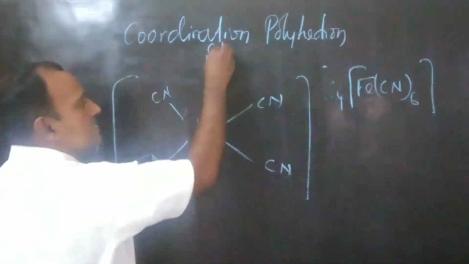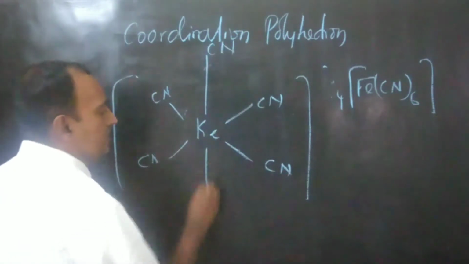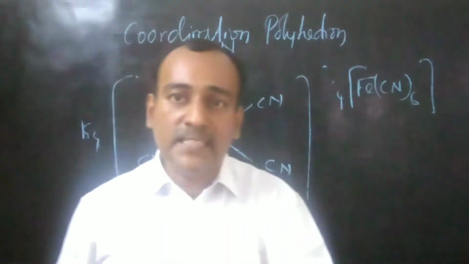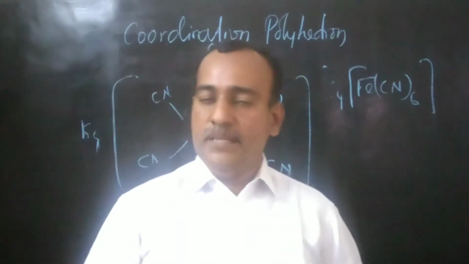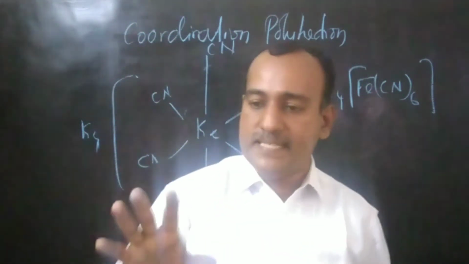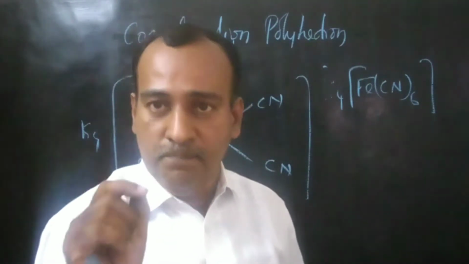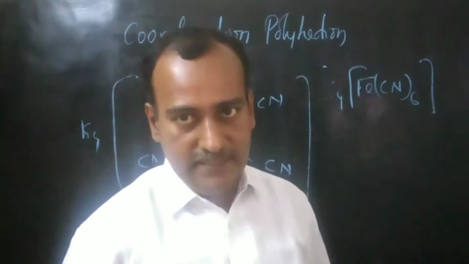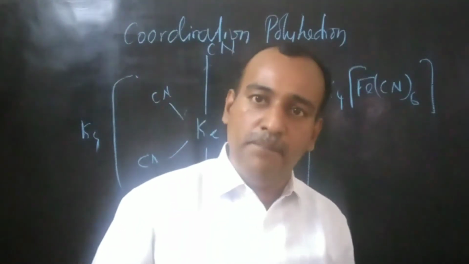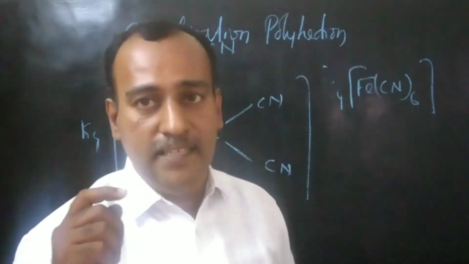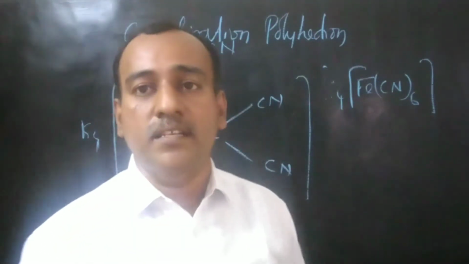Then one CN is present here, another one CN is present here. The structure is an octahedral structure. If the coordination number is 6, then the coordination polyhedron is octahedral. If the coordination number is 4, then the coordination polyhedron is tetrahedral or square planar.